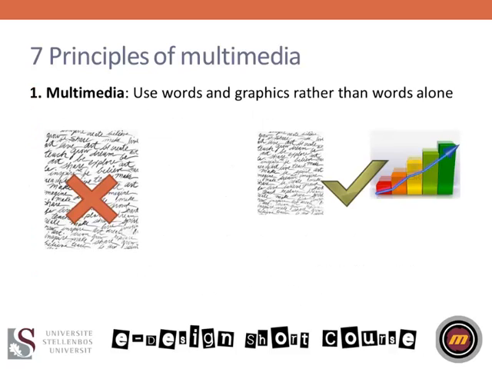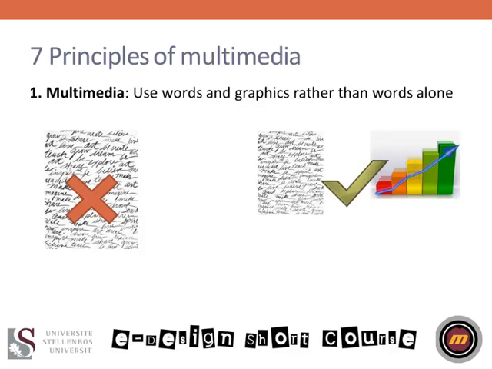First is the multimedia one. Use words and graphics rather than words alone. So it basically means that it is good to use images. That's basically what it boils down to.